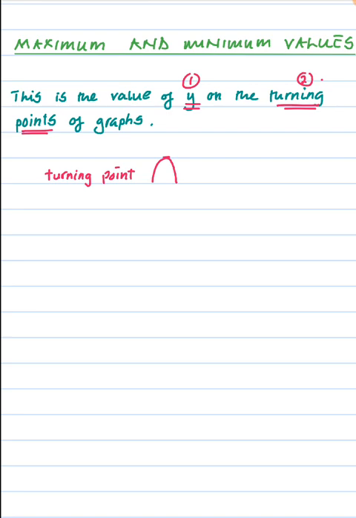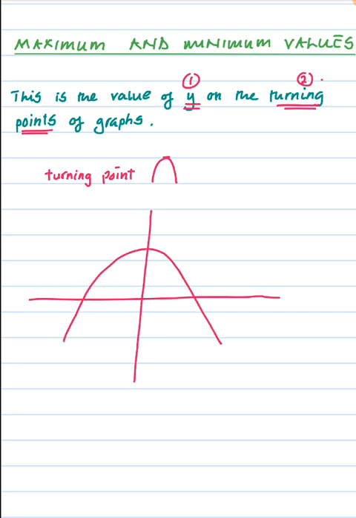So a turning point is when the graph turns back, and that is what we call the turning point. So if we are given a graph like this, right? We are given a graph like this, and then we have it like this, and here we have 7. Here we have y and we have x, and let's say here it cuts at 3, and here it's minus 5.